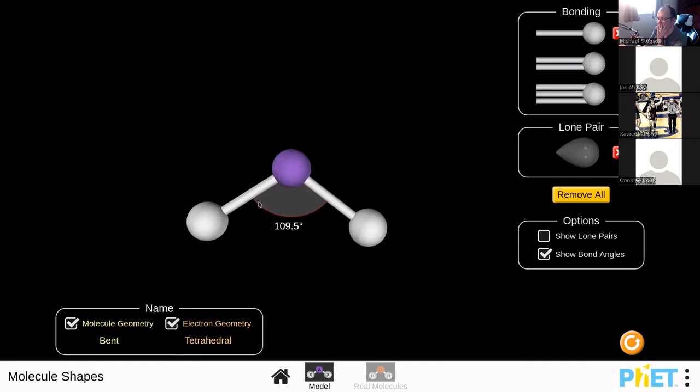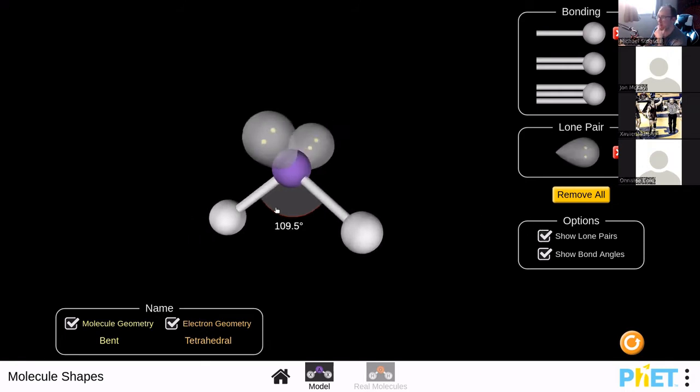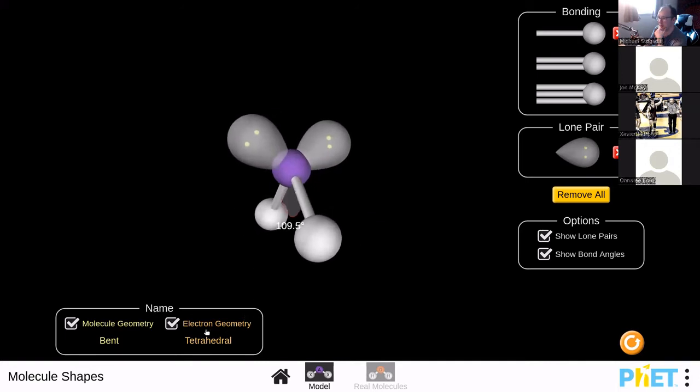And in practice, experimentally, we're actually going to find this to be less than 109 degrees here. This is going to be smaller than that and kind of squeezed together, again because these lone pairs are occupying more space in our model. Our electronic geometry, though, is still tetrahedral because we have 4 areas of electron density around it.